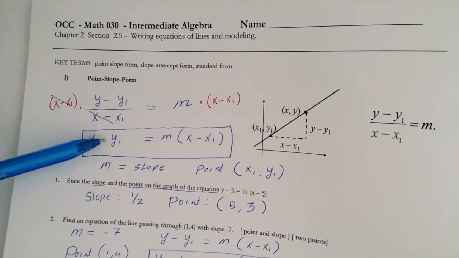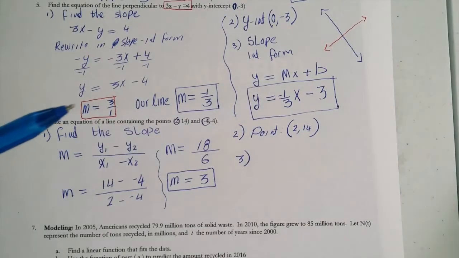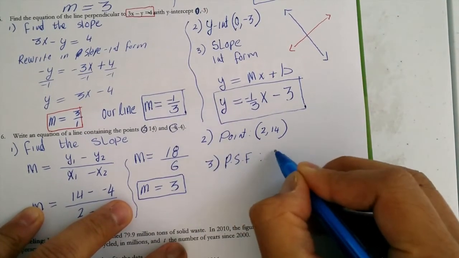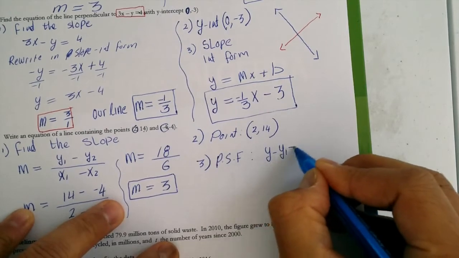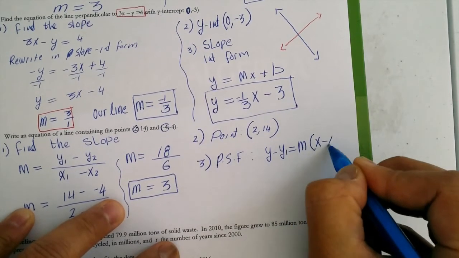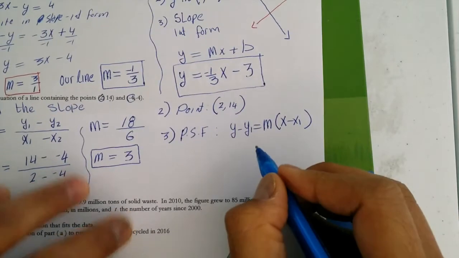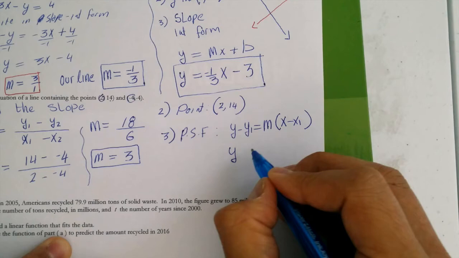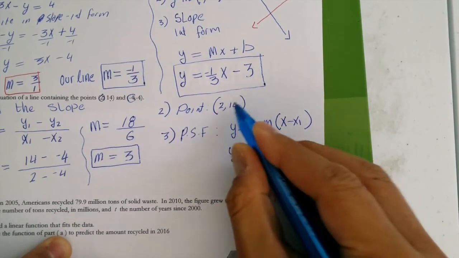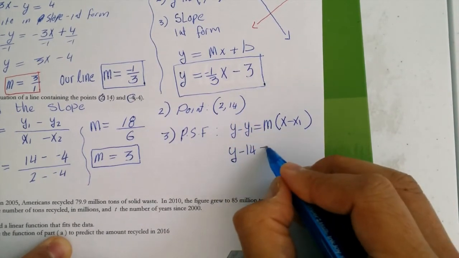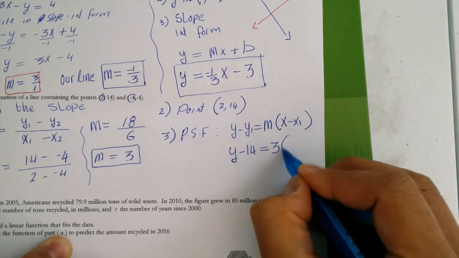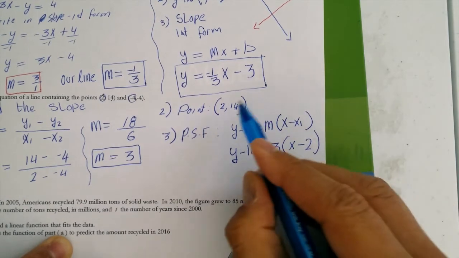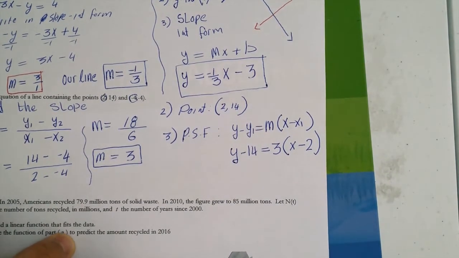Therefore, I'm going to use point slope form: y minus y1 equals m times x minus x1. We now plug in the information. So y minus 14, because y1 is 14, equals your slope, which is 3, times x minus your x1, which is 2. And you're done.